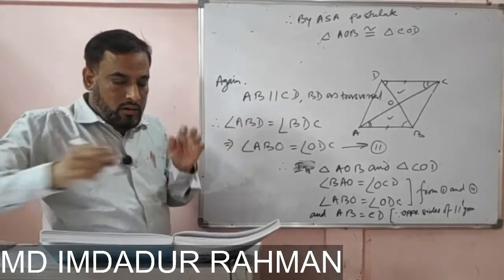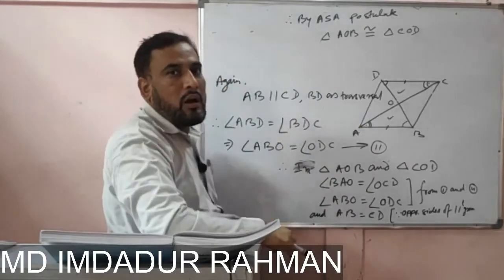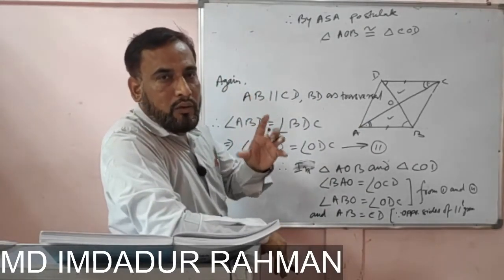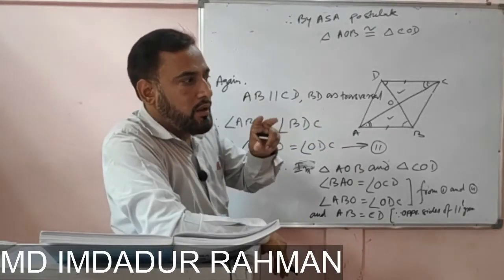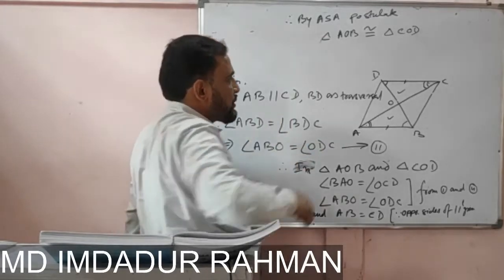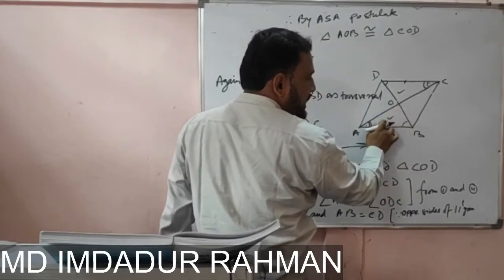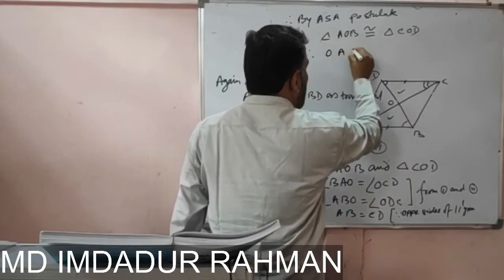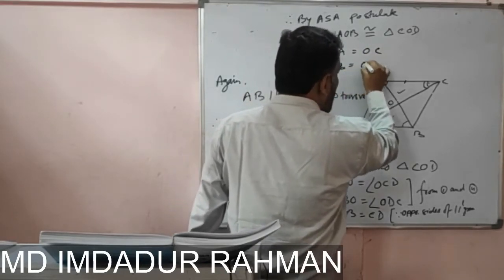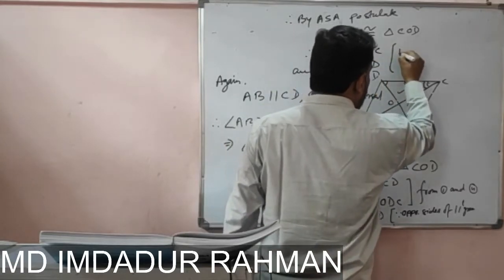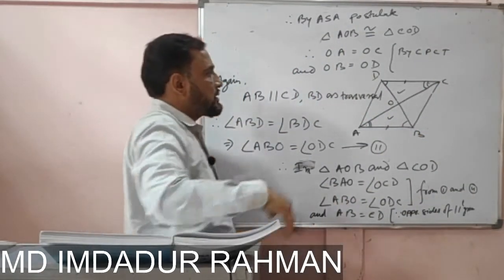If these two triangles are congruent, then what do we get? After showing two triangles are congruent, the remaining parts of these two triangles are equal by CPCT. So here we can write, therefore OA is equal to OC, and OB is equal to OD. These are by CPCT, corresponding parts of congruent triangles.